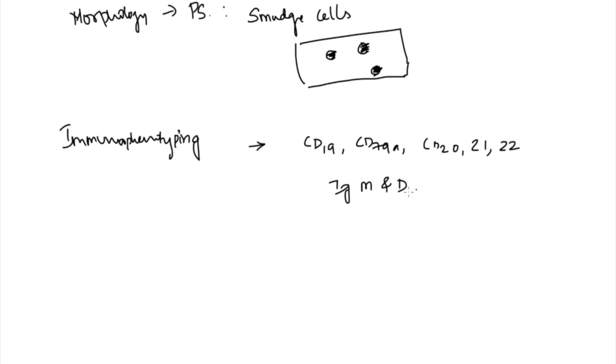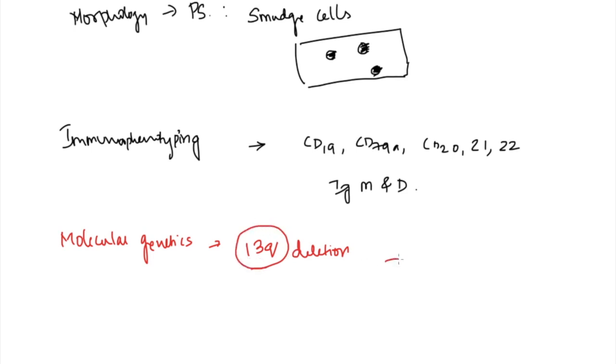In other tumors, we have studied a lot about molecular genetics, but here there is only one thing to remember: 13q deletion. Everyone considers 13 a bad number, but for CLL, 13 is a good number. 13q deletion has a good prognosis. The other mutations or translocations are associated with bad prognosis.